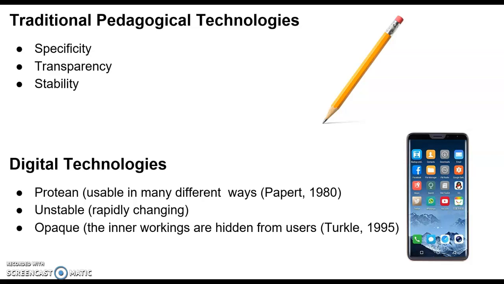This smartphone on the screen looks a lot different than the Nokia cell phone that was given to me in 2004 when I first signed a cell phone contract, right? So they're rapidly changing and they're opaque, in the sense that, as I said earlier, I knew how an overhead projector worked. I know how a pencil works, but I don't know a whole lot of what's going on in that phone, right?